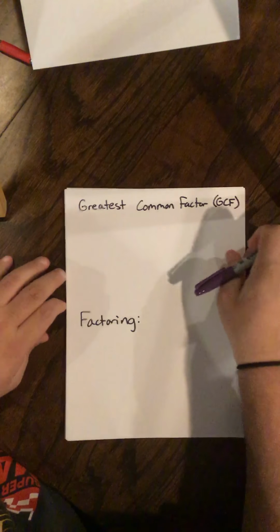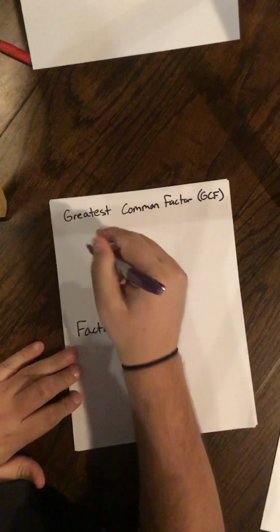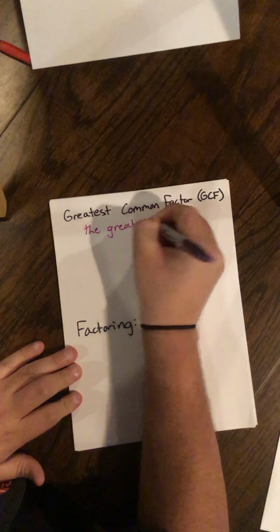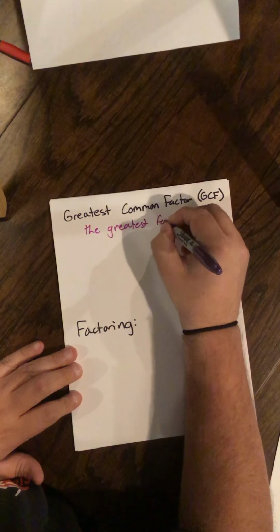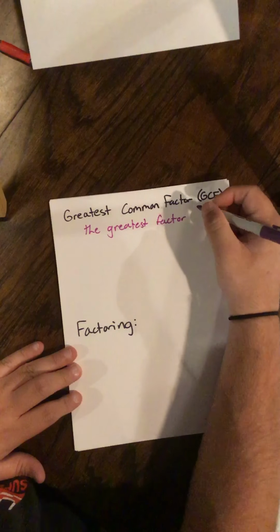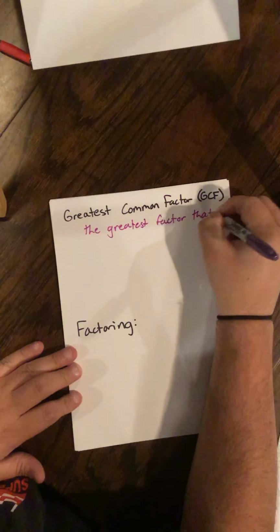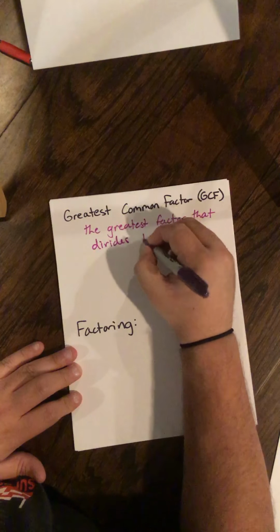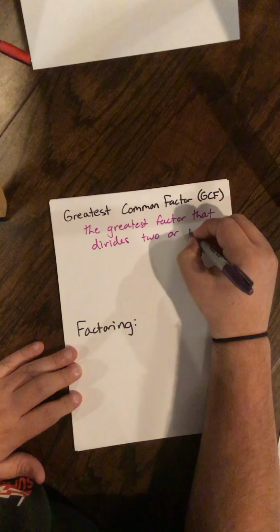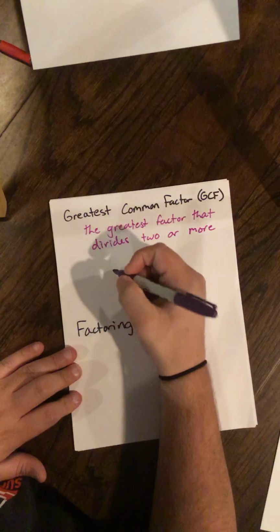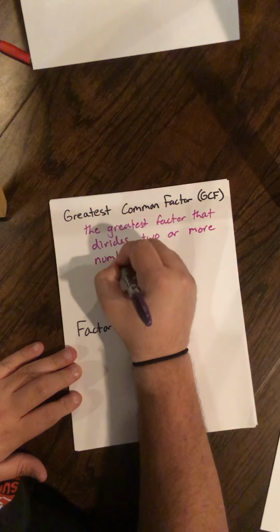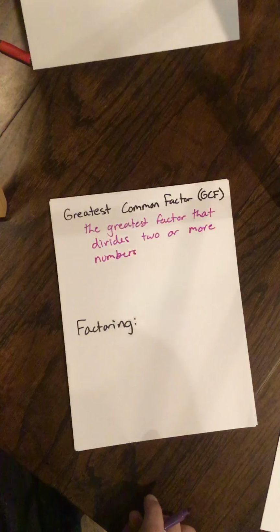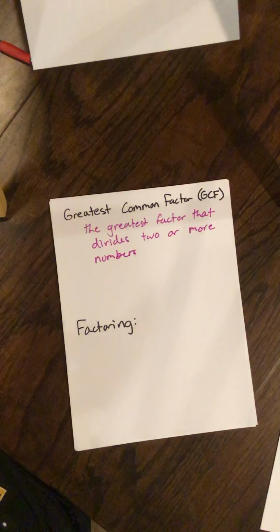Greatest common factor is the greatest factor that divides two or more numbers. Okay? The greatest factor that divides two or more numbers.